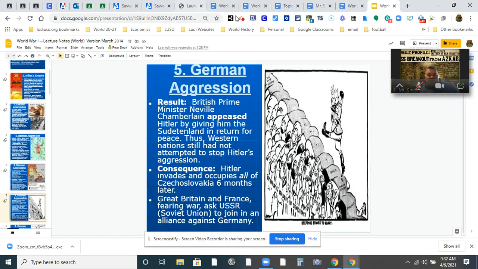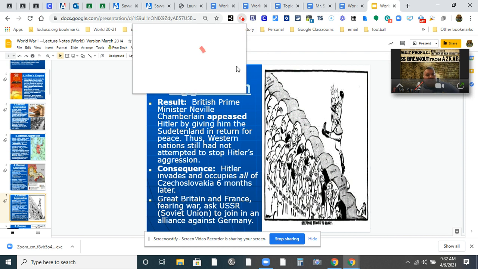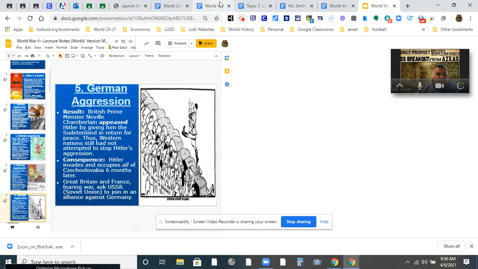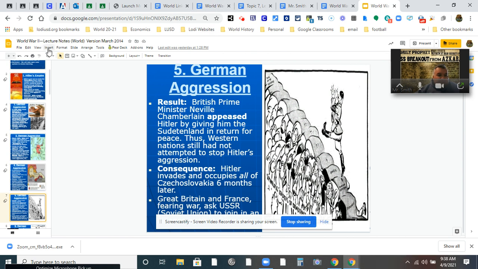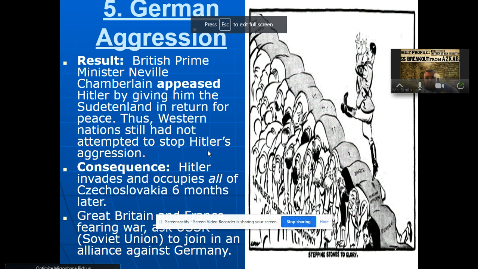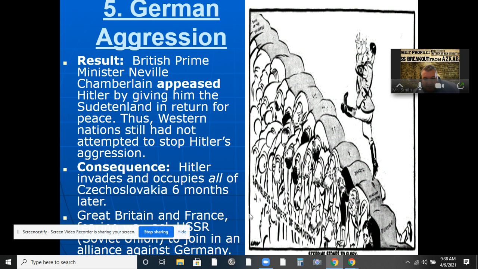All right. I am going to pause, but you should notice it and just keep playing. Okay, let's get a better look at this one and the next one. You see here, if you look closely, it says right there, spineless leaders of democracy, stepping stones to glory. And I bet you one of them is supposed to be Chamberlain.